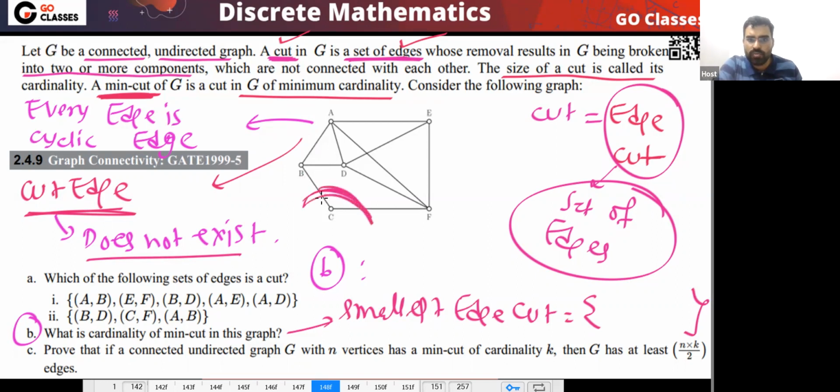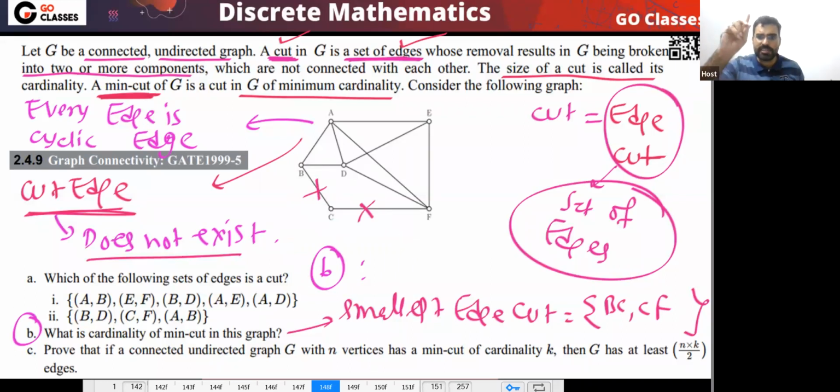Yes, only these two. This is fine. So this will be BC, CF. This will be the smallest edge cut, if I remove this one and this one.